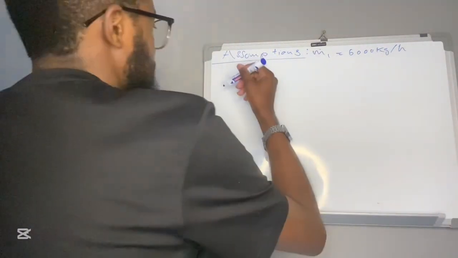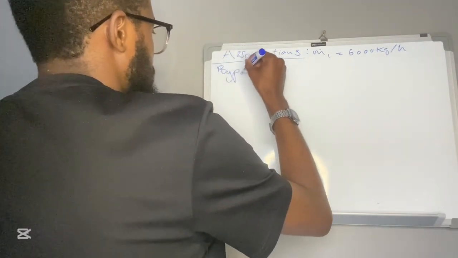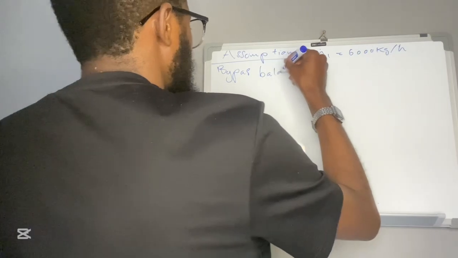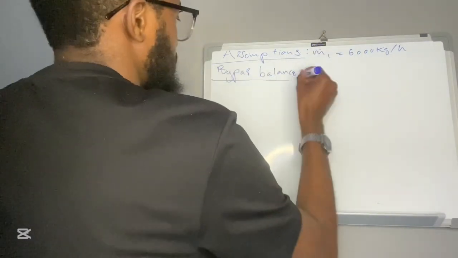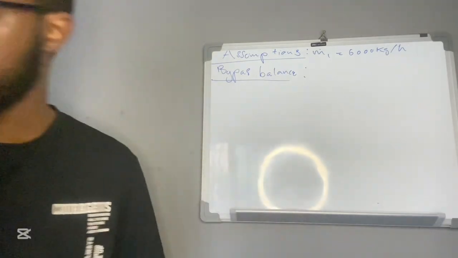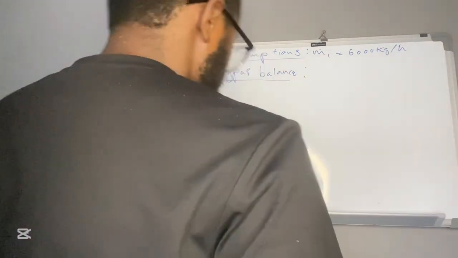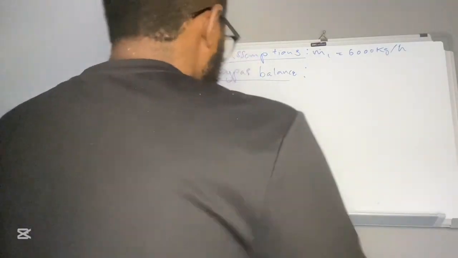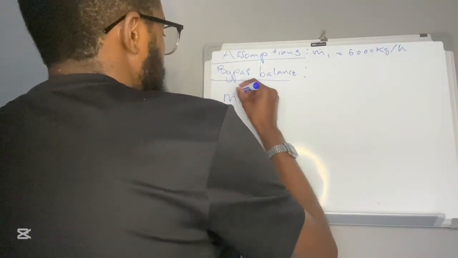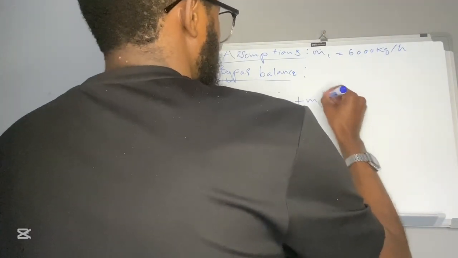So if M1 is equal to 6,000 kilograms per hour, well, then on your bypass on a flow chart, we can do a balance. So you now say your bypass balance, right? On your bypass balance, you have M1 equals to M2 plus M3.